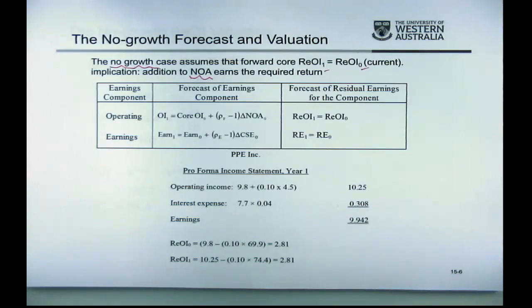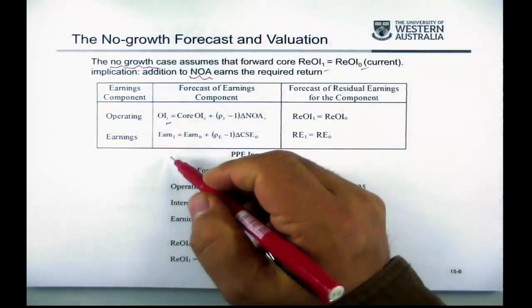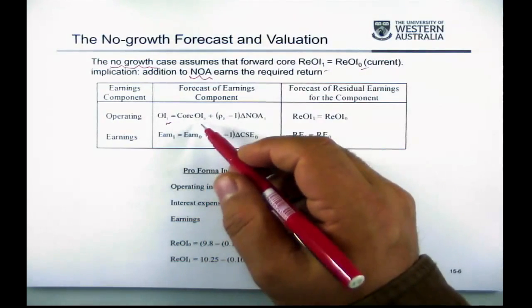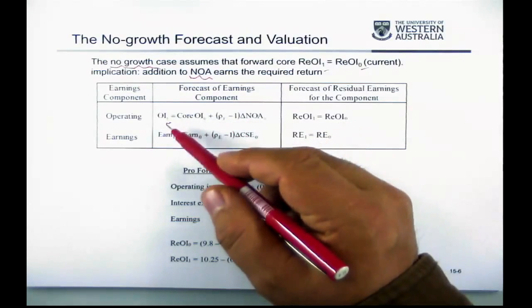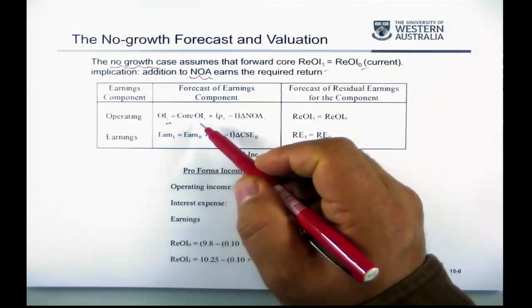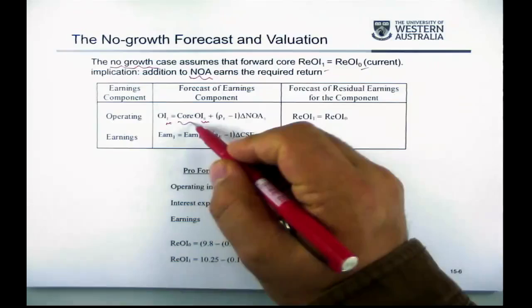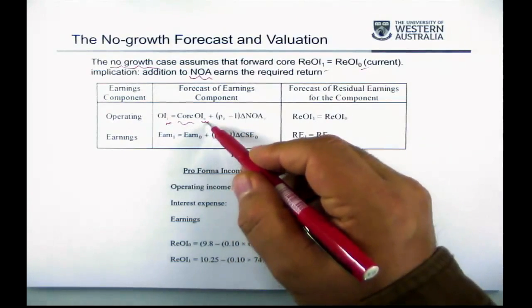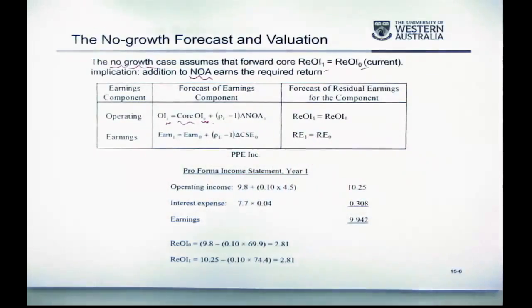And according to this assumption, operating income next year, here we are talking about core items, okay? Operating income next year is equal to current operating income, the current operating income for this year, plus the product of the required return on operations and the addition to operations.